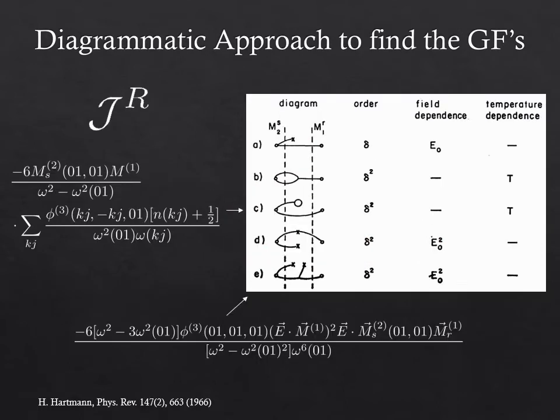Next, the JR, which have two phonon lines coming out and 1 phonon line coming in, or vice versa for the advanced one. I'm not gonna dwell too much on all of those because the same logic applies for all of these Green's functions. But here I included a loop where of course you have to sum over internal momenta and modes.